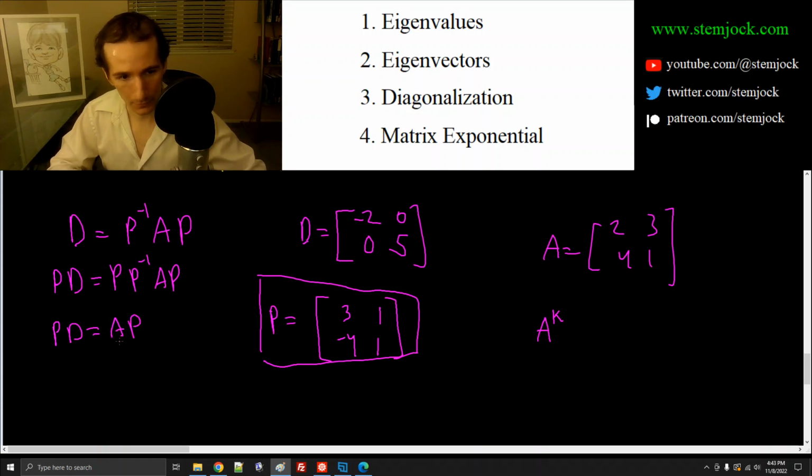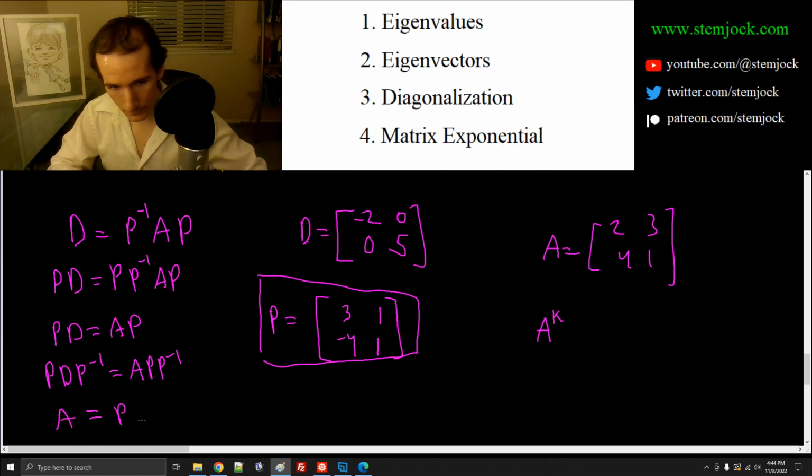And now to solve for A, I'm going to post-multiply both sides by P inverse. So P D P inverse equals A P P inverse. Now this here is the identity matrix I, so I find that A is equal to P D P inverse.